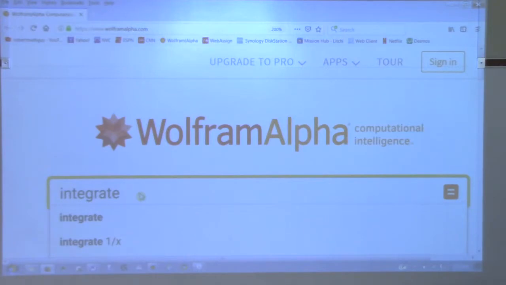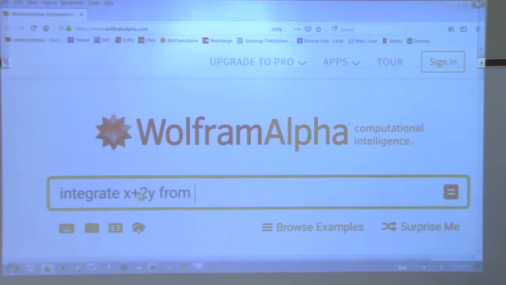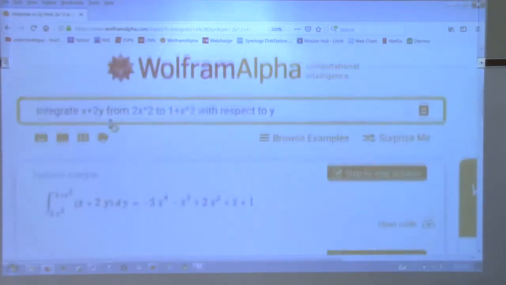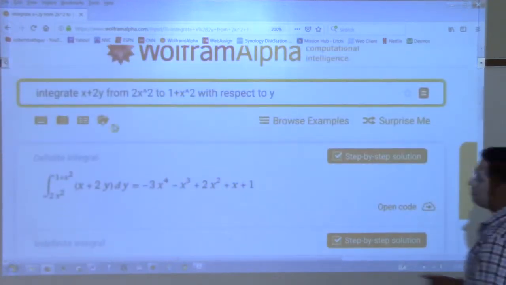The integral of x plus 2y from lower limit 2x squared to 1 plus x squared, with respect to y, we did y first, right? Look at that, it's like I'm just speaking to it. And it's going to tell me, y upgraded. There we go. So that's what we got, right?